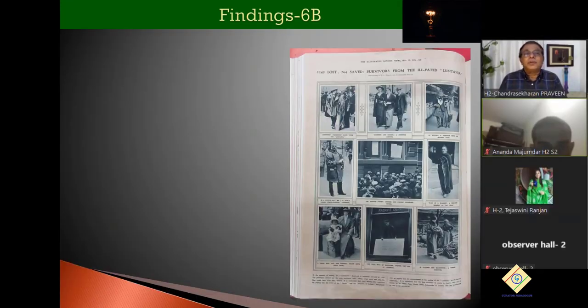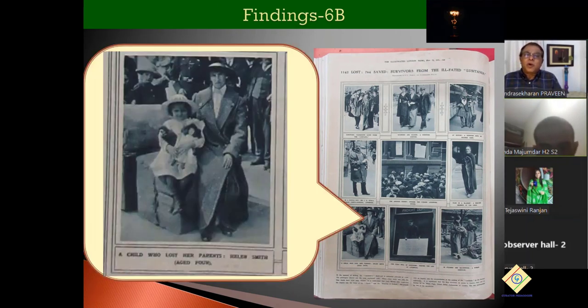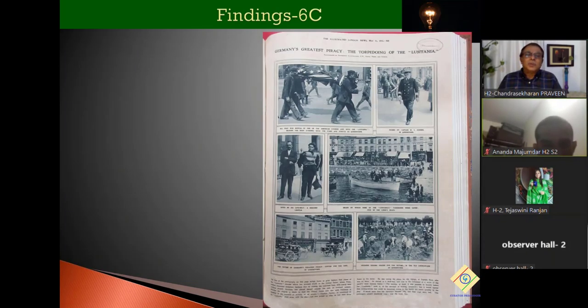This time they had photographs, real photographs. Earlier it was illustrations. There's just one photo I'm highlighting of a girl whose parents were lost, because there were many who died. And you can see visuals, real photographs. And here's another one. The soldiers are digging graves for the victims in the churchyard.